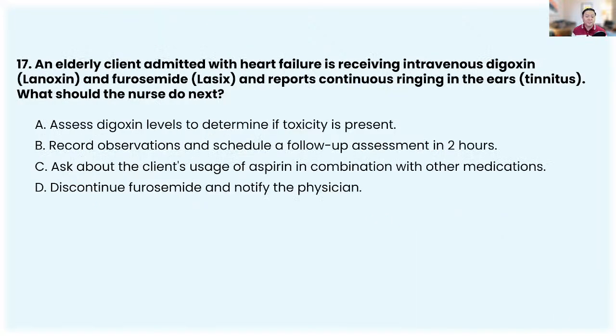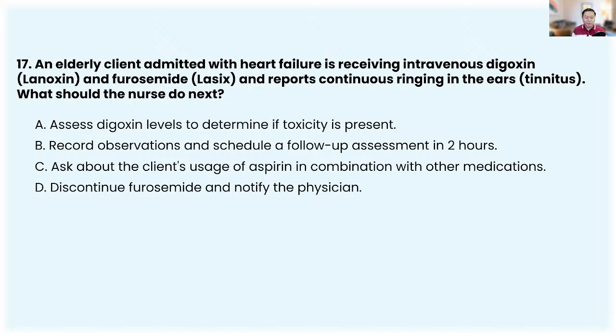An elderly client admitted with heart failure is receiving IV Lanoxin and furosemide and reports continuous ringing in the ears, tinnitus. What should the nurse do next? A, assess digoxin levels to determine if toxicity is present?